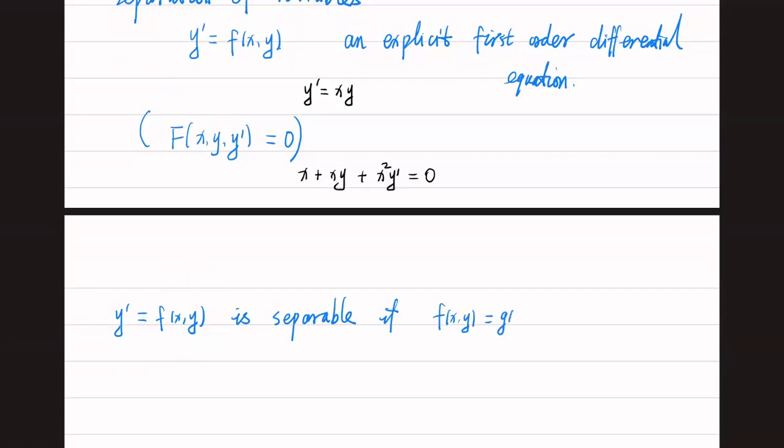One is about x only, and the other is about y only. If we can separate the two variables, x and y, on this side, then we say this differential equation is separable. So for this type of differential equation, we can apply the method of separation of variables.